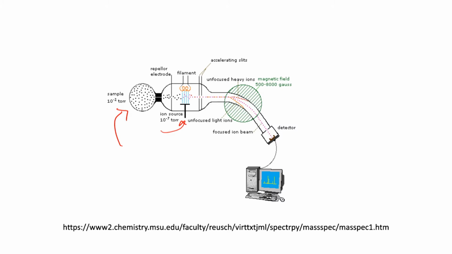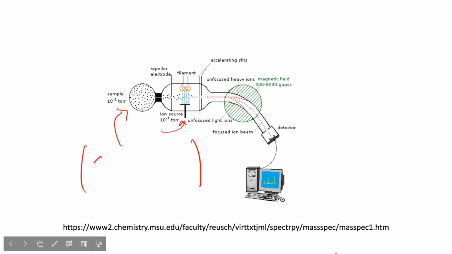Everybody knows that. Now, when it moves towards the positive electrode, it bombards or collides with the molecules of your sample and essentially knocks off one of the electrons on the molecule to form fragment ions. So let me see if I can show you what's happening.